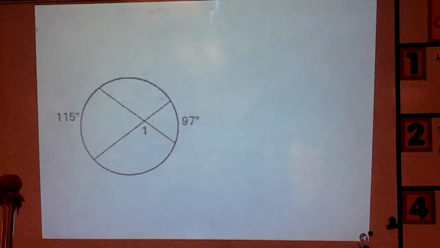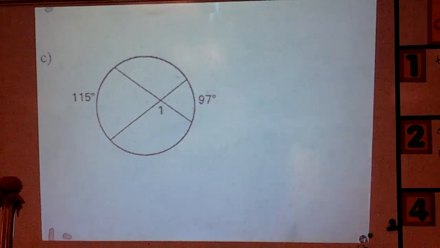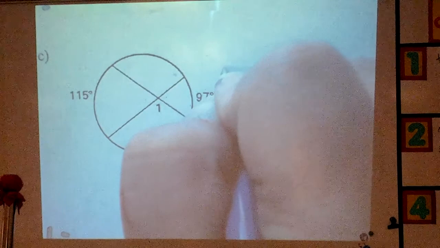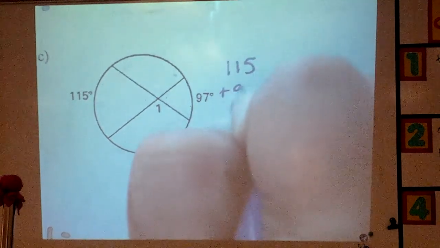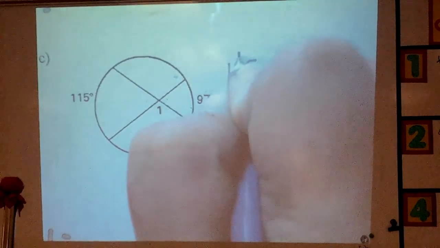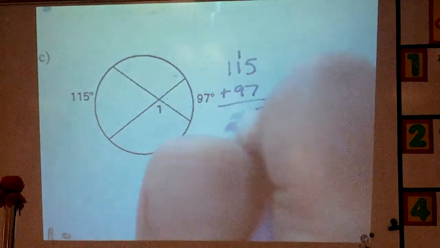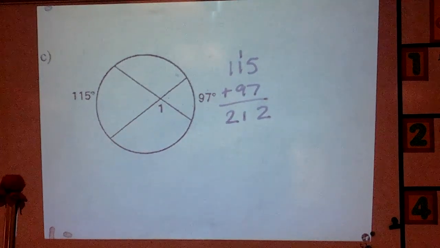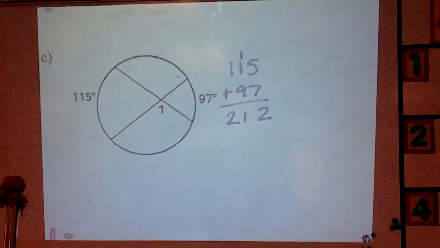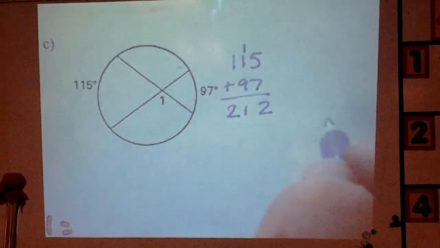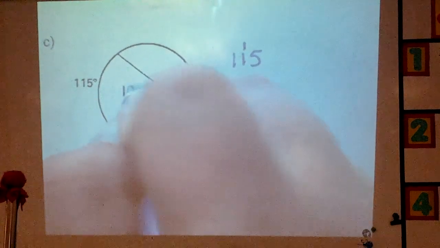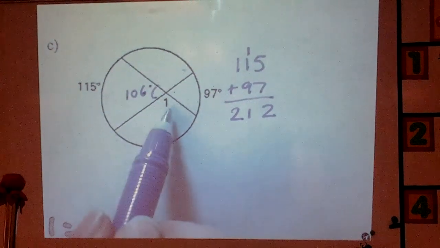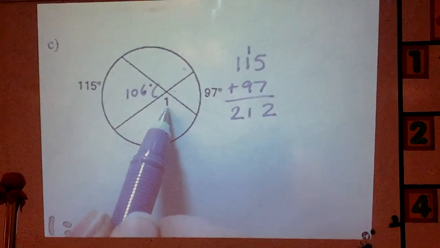I'm just going to go down to the left. Same thing. So if I do 115 plus 97, that gives me 212. And if I divide that by 2, I end up with 106. Now notice, that's not actually giving me the angle it's asking for.